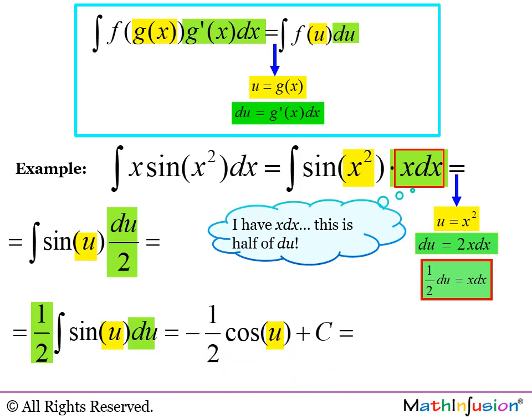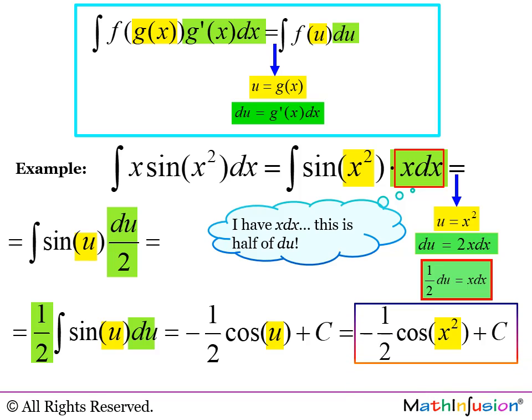Now I'm doing exactly as before. The antiderivative of sine u is negative cosine u. I have the 1 over 2 tagging along there, and plus c. Now I'm replacing u by x to the power of 2 and I'm done. We're really lucky that the only twist on the original u substitution theorem is only manipulation of constants.